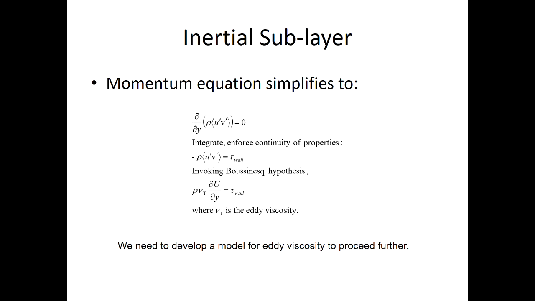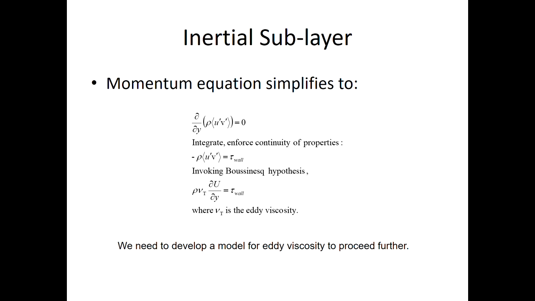It's a very nice equation. You can analytically integrate it once. Then you basically get the Reynolds stress in the inertial layer equals tau at the wall, as we saw earlier. If you put in the Boussinesq hypothesis, the Reynolds stress is density times an eddy viscosity, which we don't know what it is, times the velocity gradient, equal to tau at the wall.